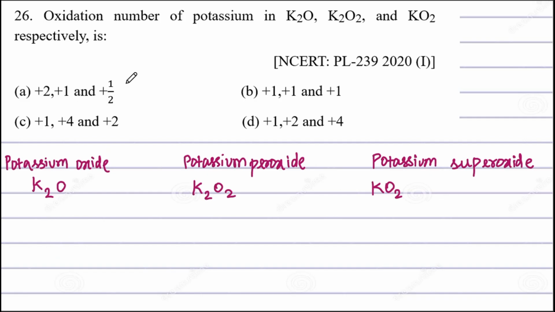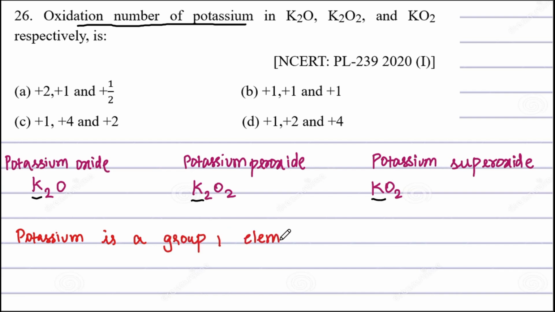In all these compounds, you have to find the oxidation number of potassium. But we already know that potassium is a group 1 element. So all the group 1 elements exhibit +1 oxidation state.